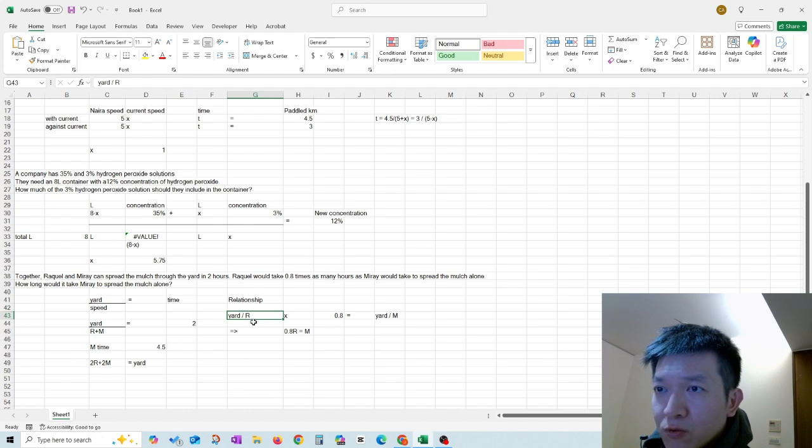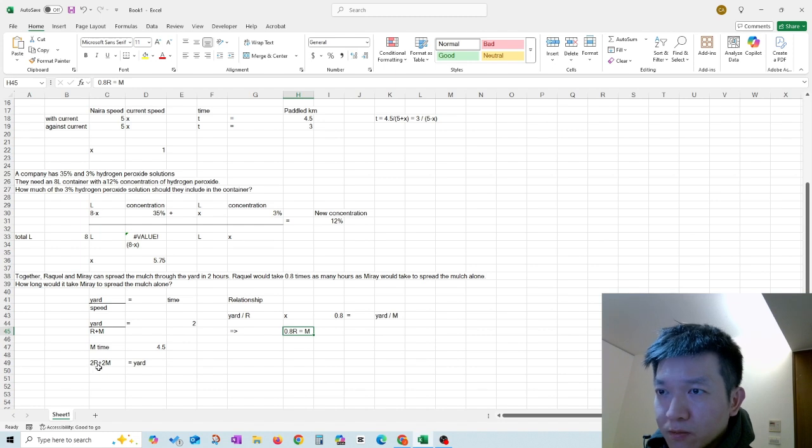We're using r to represent the speed, so Rachel's speed is r, times 0.8, right? That is the time times 0.8, as many hours as Murray's time, right? So yard work divided by the speed. Okay, so you do cross multiplication here, and you'll find that 0.8 r equals m.